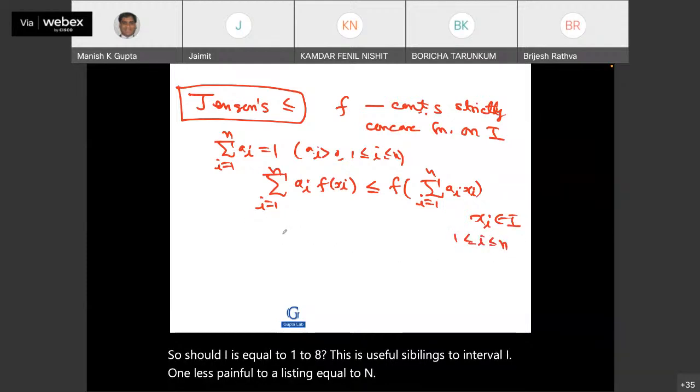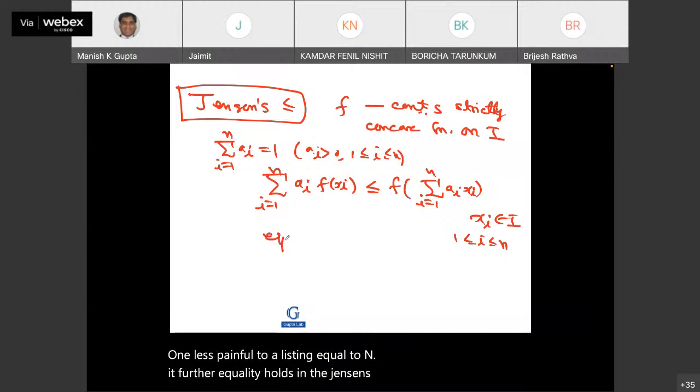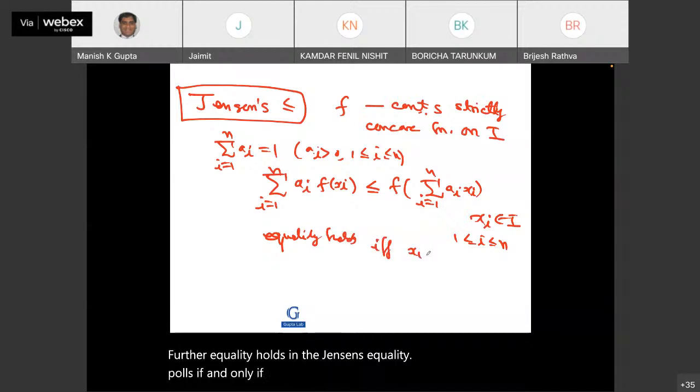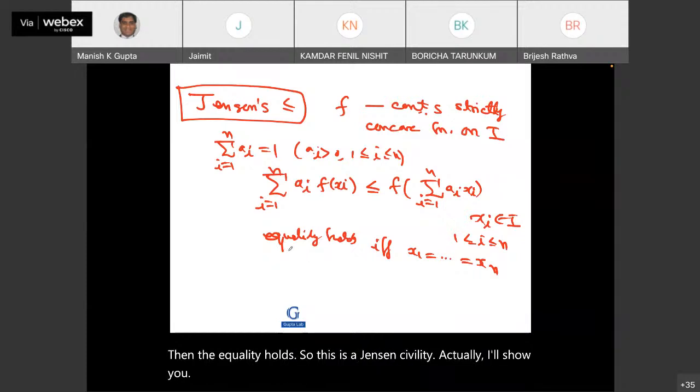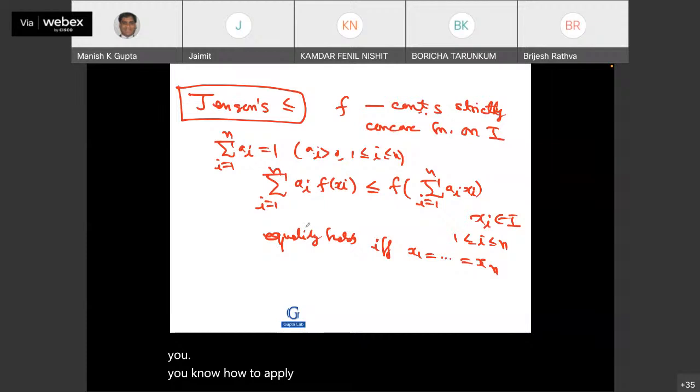Further, equality holds in Jensen's inequality if and only if the xi's are all the same. So this is Jensen's inequality. Actually, I'll show you how to apply this in the calculations.